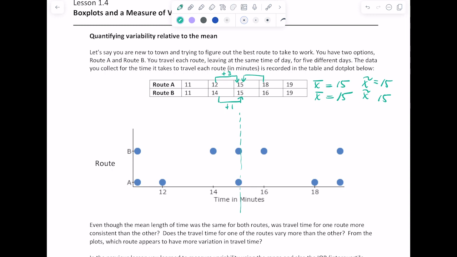And then as you go to the outer part, it's 4 away, and it's 4 away here. But because these values are only 1 away from the center, that means there's less variation or less change. Here, there's greater change from the mean.